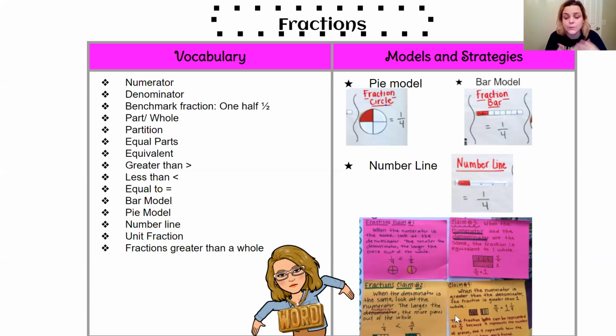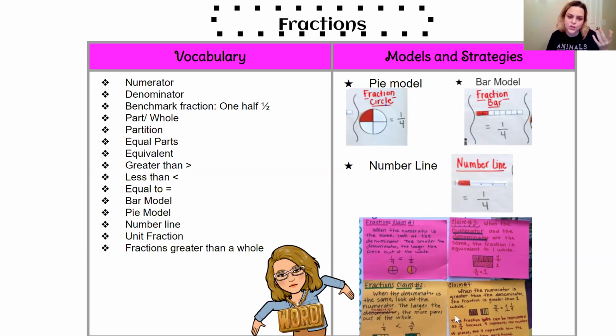Claim number 3: when the numerator and the denominator are the same, the fraction is equivalent to 1 whole. So we see here 4/4. If I said I ate 4/4 of the chocolate bar, it's the same as saying I ate the whole chocolate bar. So when the numerator and the denominator are the same number, we know that's equivalent to 1 whole.